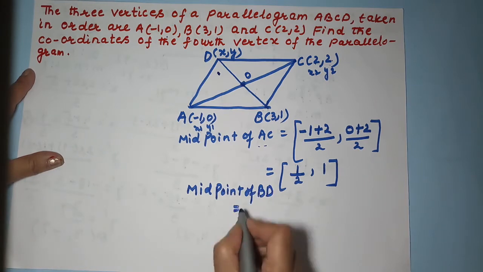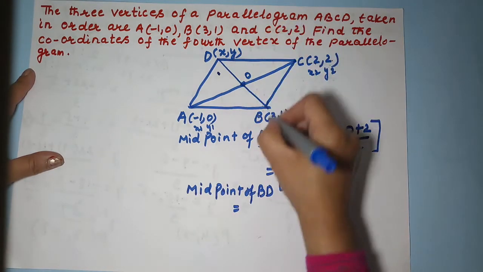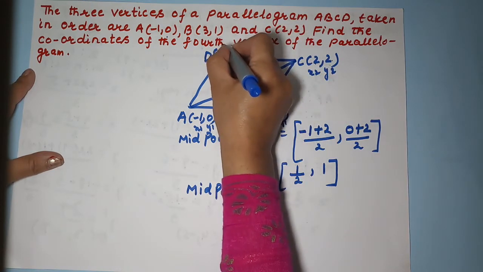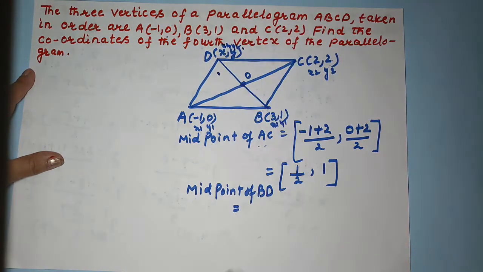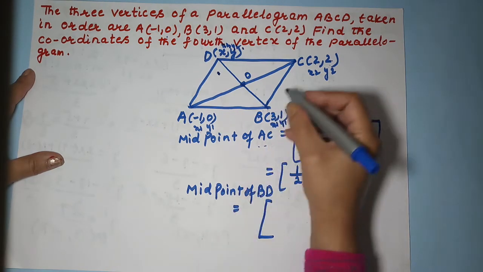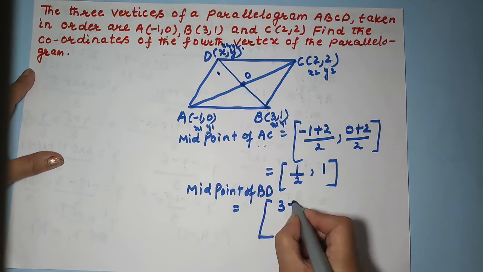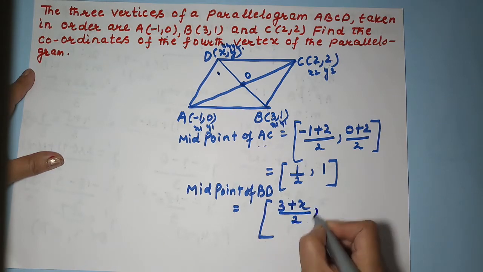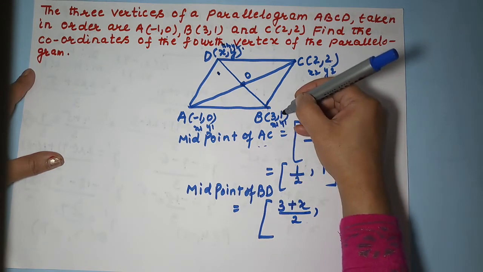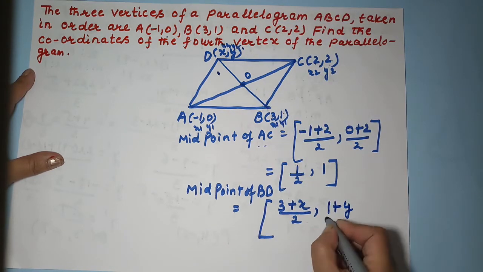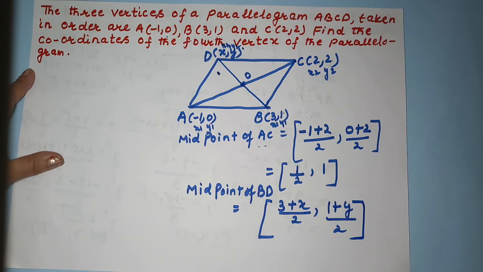What will be that? If this is x1, y1, this will be x2 and y2. So midpoint of BD will be x1 plus x2 by 2. That is 3 plus x by 2. And its y coordinate will be 1 plus y by 2. Right?